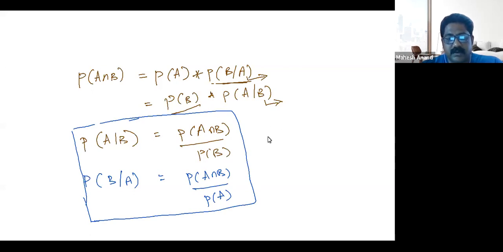So let us do a simple example problem. As we discussed, mutually independent and mutually non-independent events and their calculations are basically more practical, and the calculation is done primarily based on historical data, empirical data, basically.